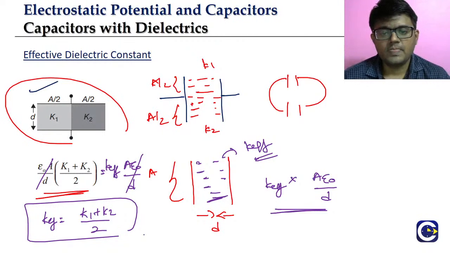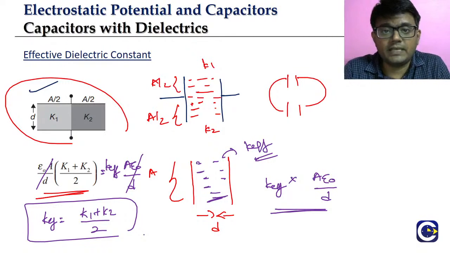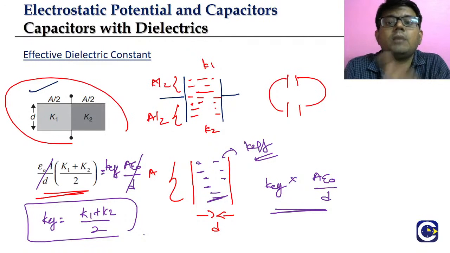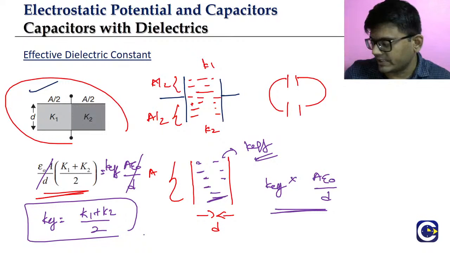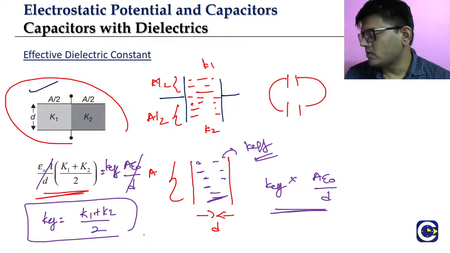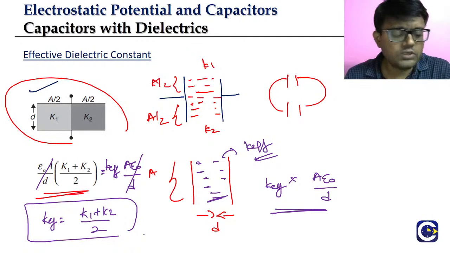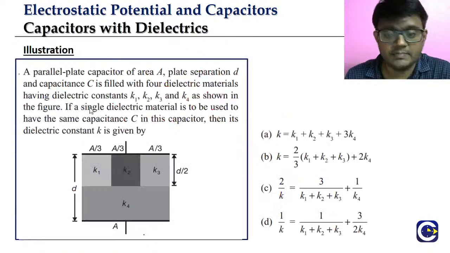So first we find the equivalent capacitance, and from that value we find the effective dielectric constant. This is the approach to calculate the effective dielectric constant.